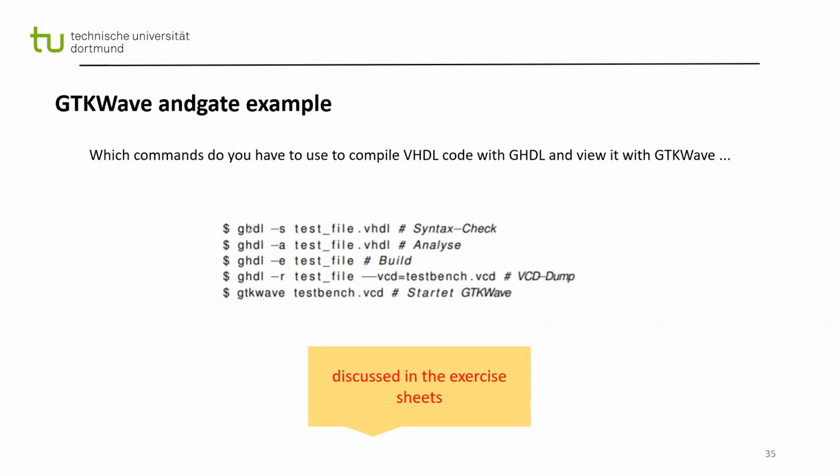What I can tell you is when you write the command GHDL -s followed by the name of your file.vhdl, it runs a syntax check. -a does an analyze, -e builds, -r performs a VCD dump, and finally the command gtkwave starts Gtkwave.